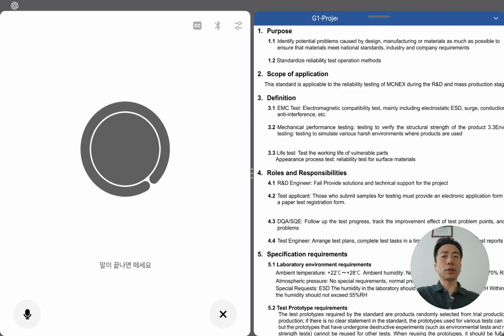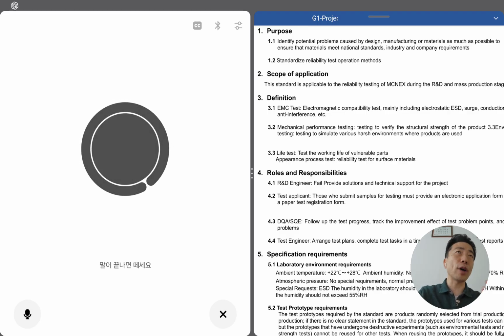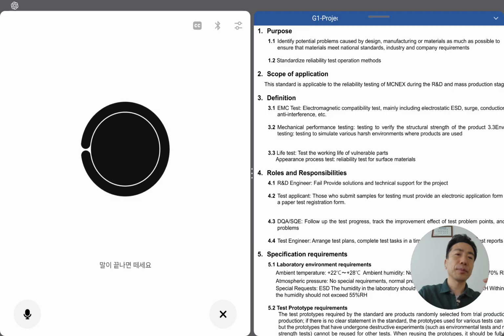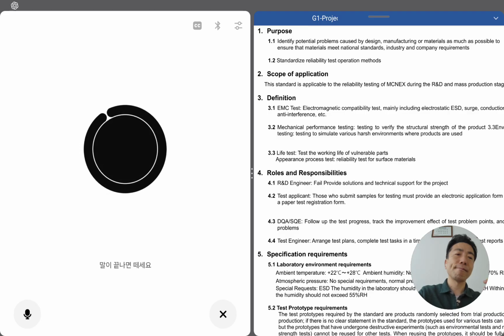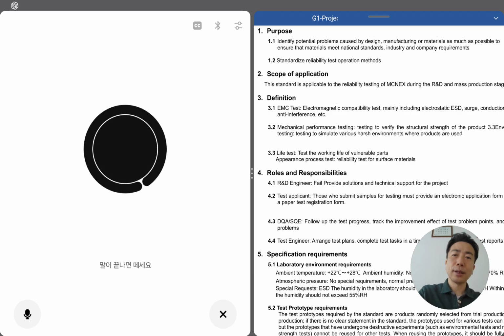If I were the writer of this document, I would write that as finish and texture instead of surface.